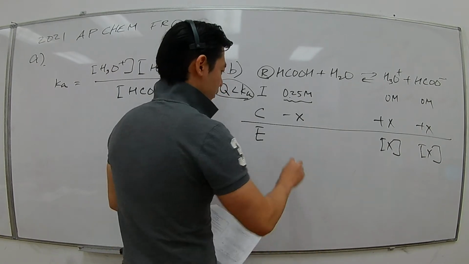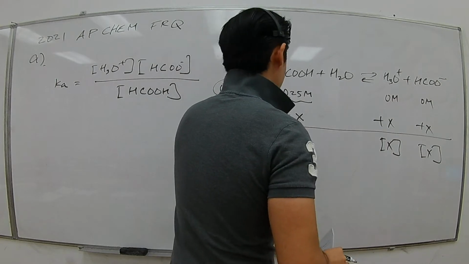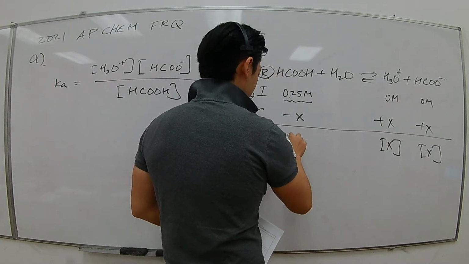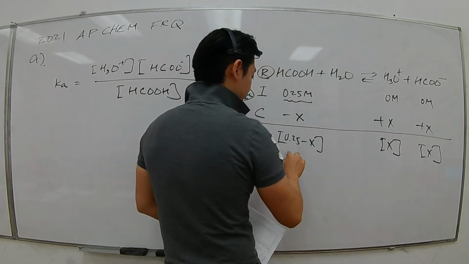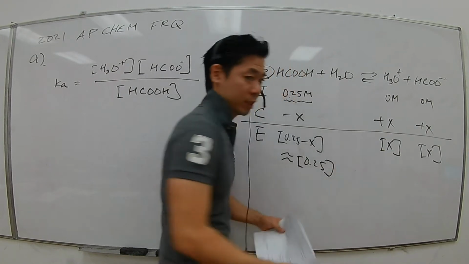You can assume that the concentration really hasn't changed. So you can say here the concentration is 0.25 minus x, but that's very, very close to 0.25.